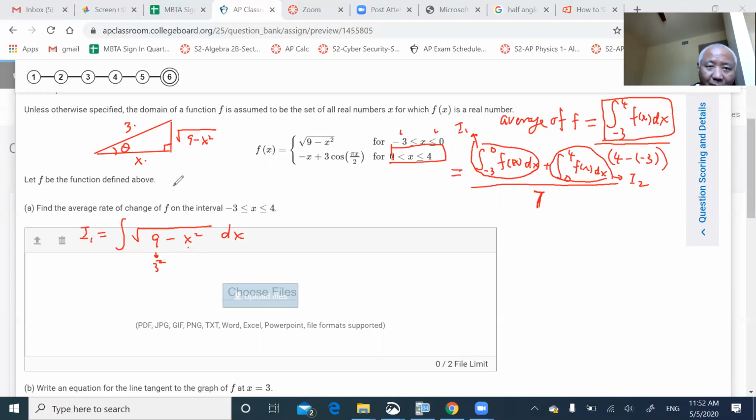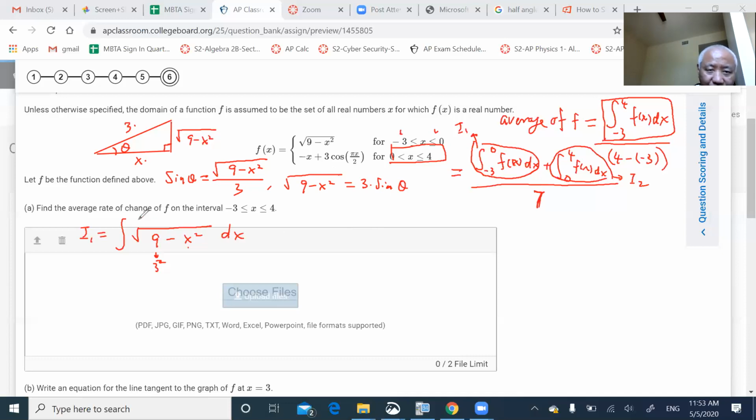And then when we have this, we can see from this triangle relationship that sine theta equals the square root of 9 minus x squared over 3. So we can find that the square root of 9 minus x squared will be equal to 3 times sine theta.